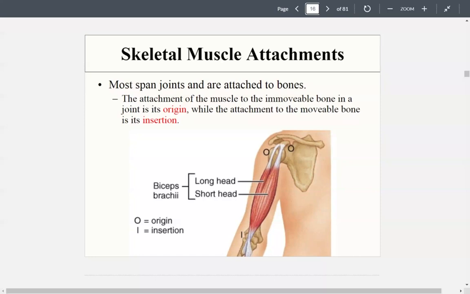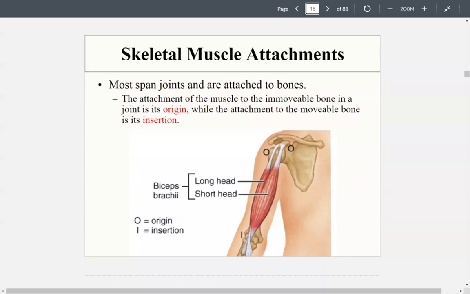Now, that one's a pretty simple one. There are some muscles, for instance, the quadriceps muscle, which are actually a whole bunch of different muscles, but the attachments, whether or not it's an origin or insertion attachment, varies depending upon what joint we are moving. There are some muscles that span multiple moving joints, and they're involved in the motion of both of those joints.